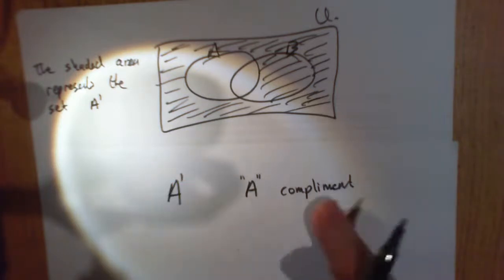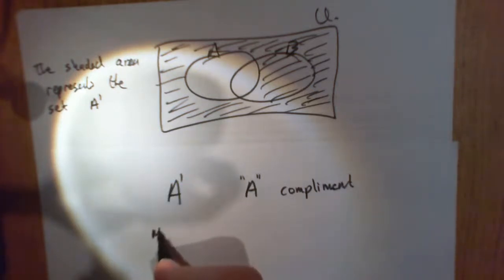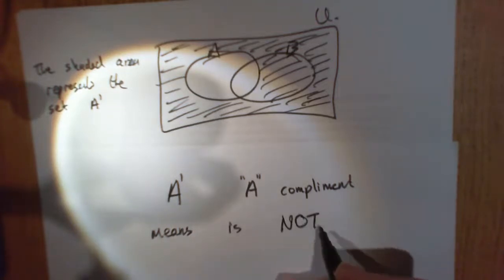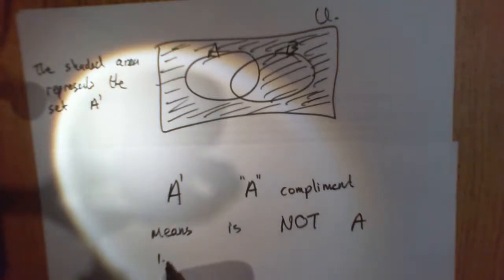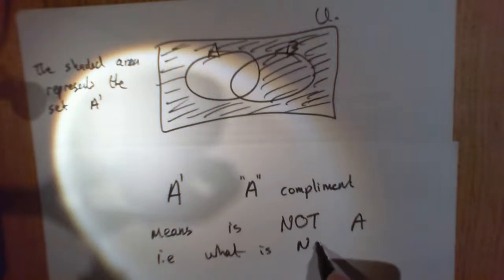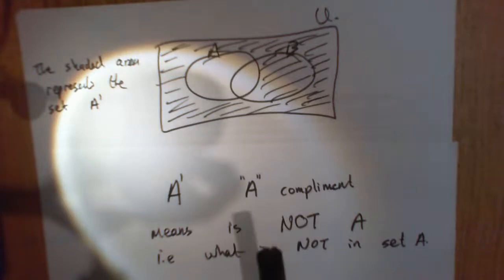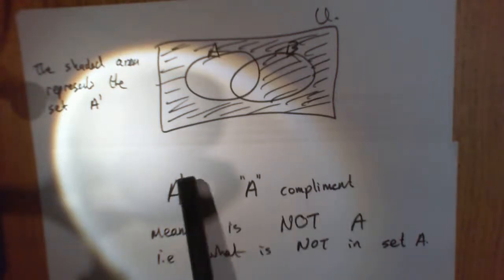That little apostrophe just means a complement. What it means is not A, i.e., what is not in set A. So that's mathematically what it means.